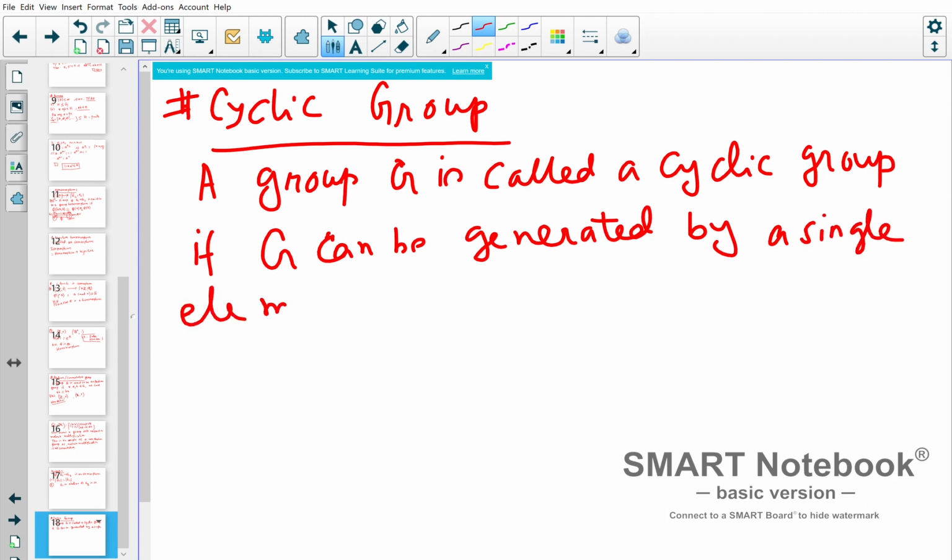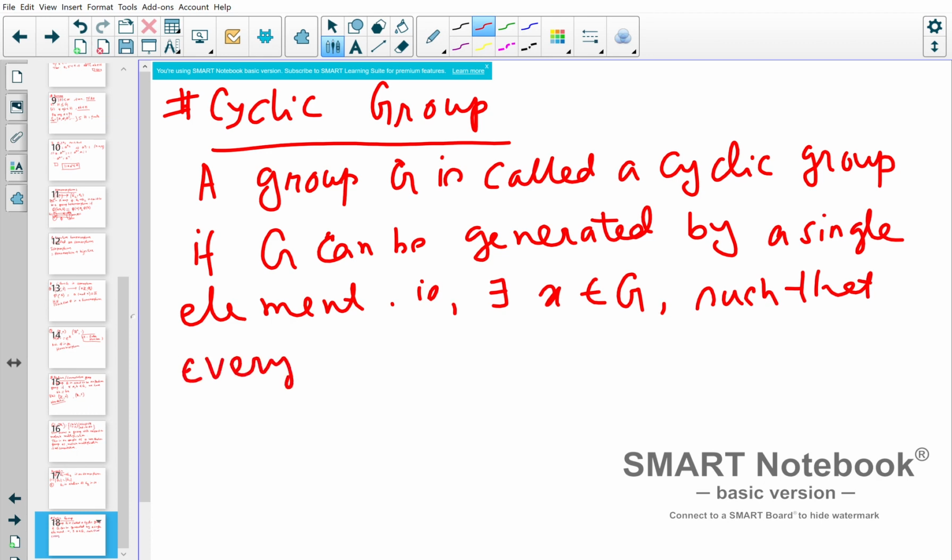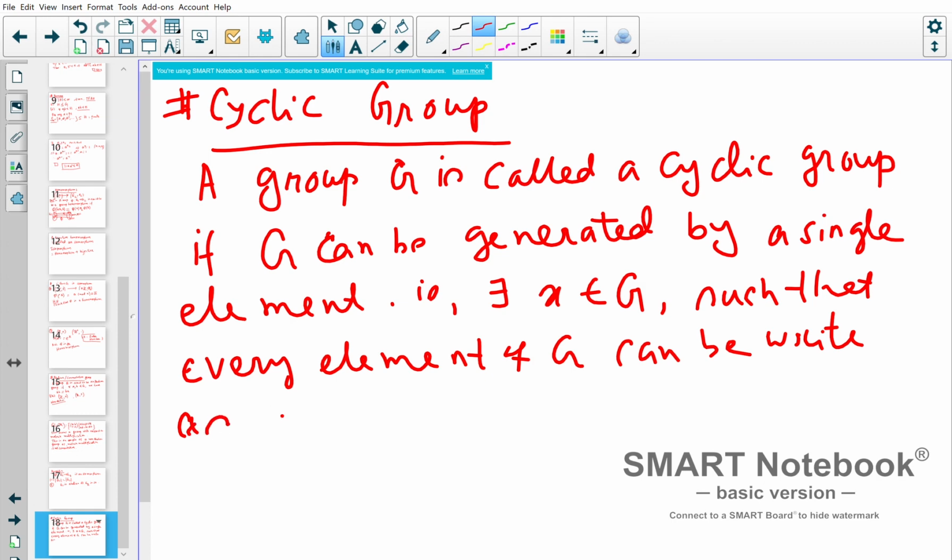Let me write it down mathematically. That means there exists one element, say x belonging to G, such that every element of G can be written as a power of this x.